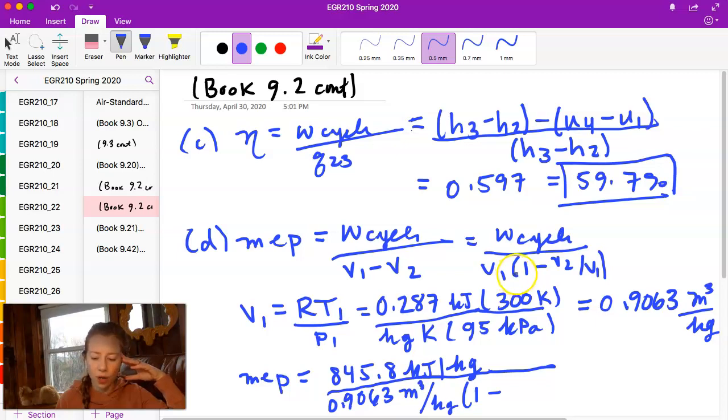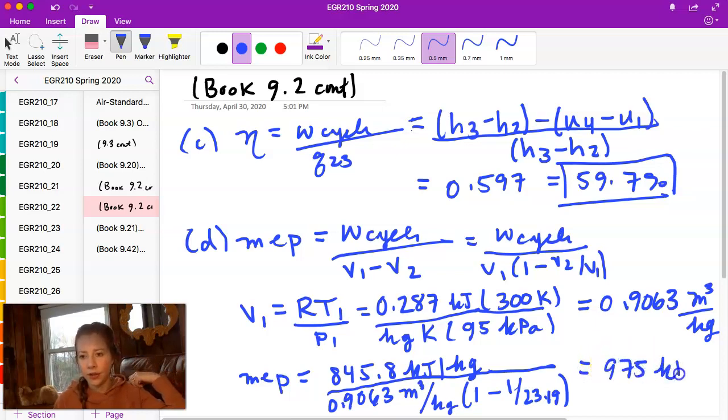So it's going to be 1 over 23.19. So we found this in part A. And this is going to give us 975 kilopascals.